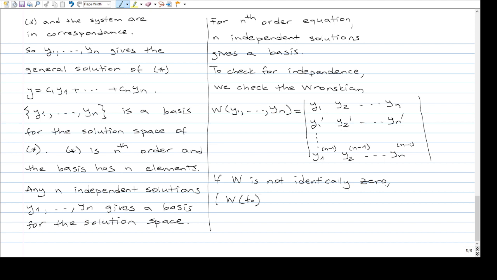Not identically zero means there is a point t0 where the Wronskian is not zero. If this is the case, then the functions y1 up to yn are independent.